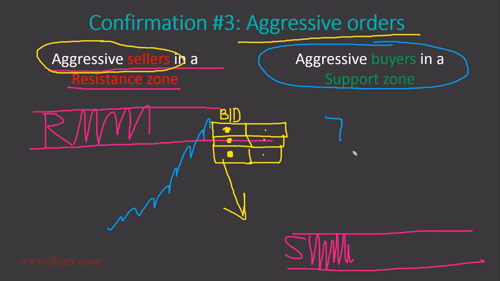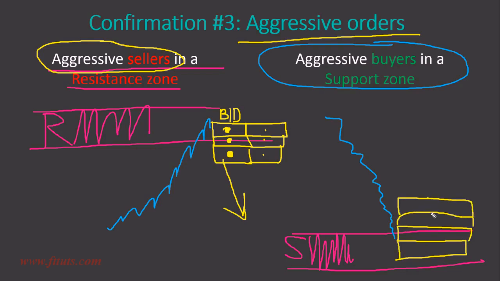So price is going downwards, hits the support zone, and in that support zone you want to see footprints that have bigger numbers on the ask. That's buyers.